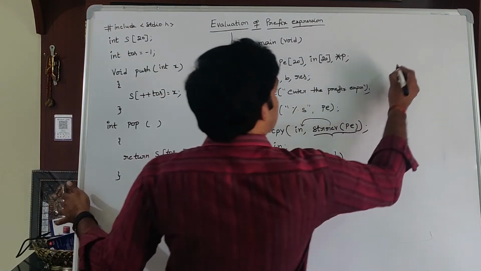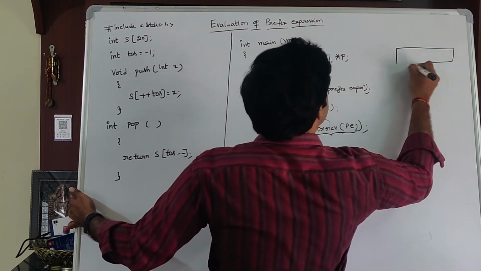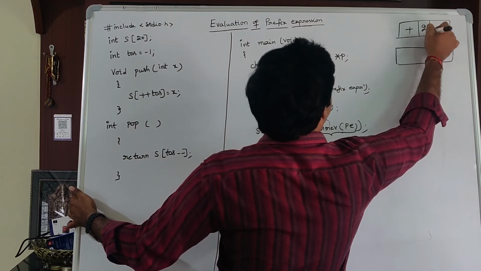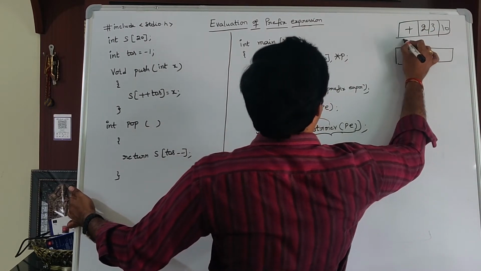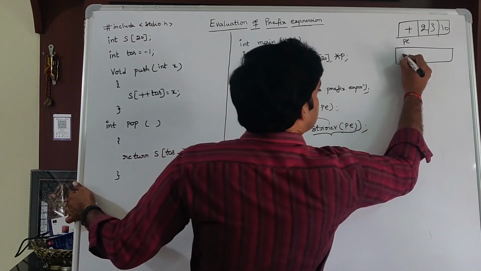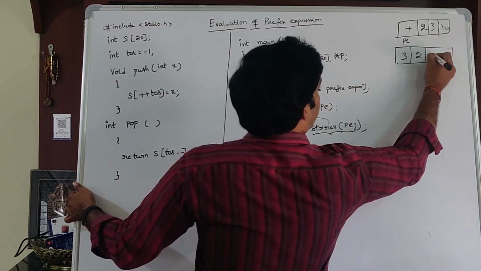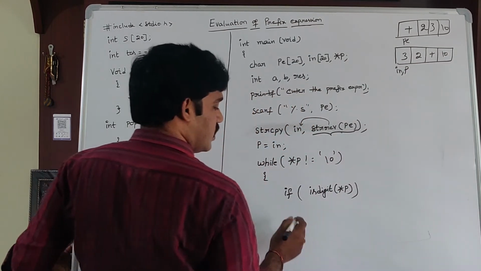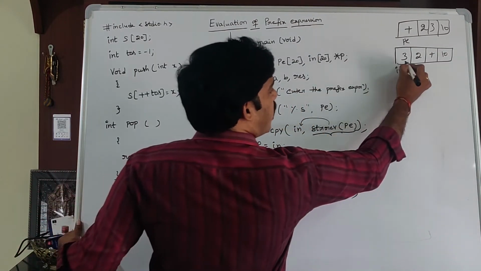Take an example. Initially plus 2, 3. This is your prefix expression, that is PE. Next, I am reversing that particular one: 3, 2, plus, backslash 0. So this is my in as well as P. While star P means 3.